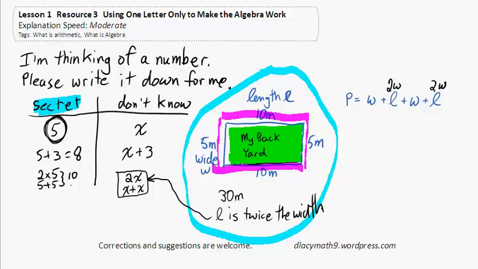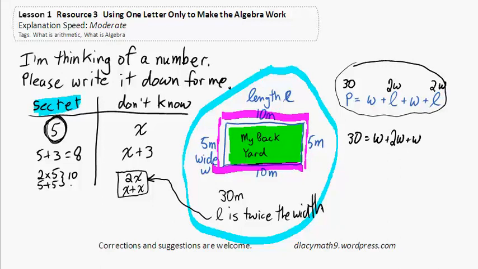Let's also put in the fact that it's got a perimeter of 30. I'm going to put all this together as follows. P is now 30. The width is still unchanged. The length is no longer L, it's 2W, so the perimeter is W plus 2W plus W plus 2W.